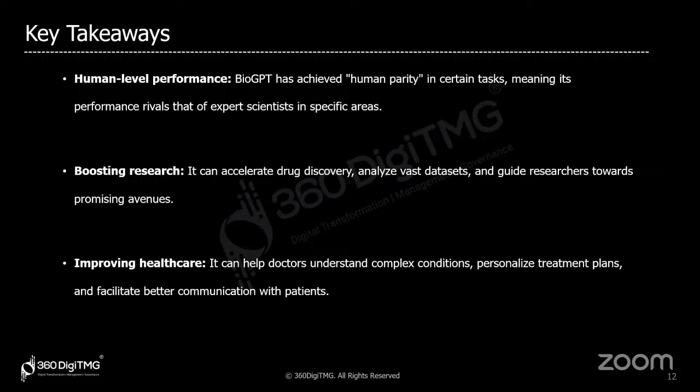It can give you a quick answer, and as we know, time is important. As soon as you ask the question, you will get the answer. Then boosting research: it can accelerate drug discovery, analyze vast datasets, and guide researchers towards promising avenues also.